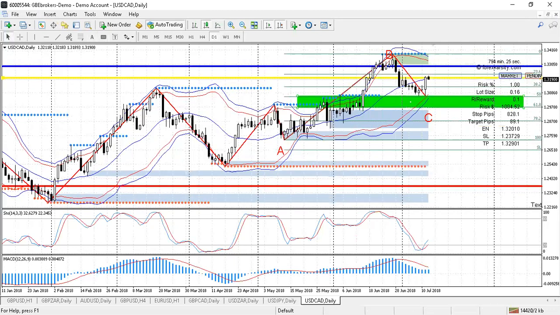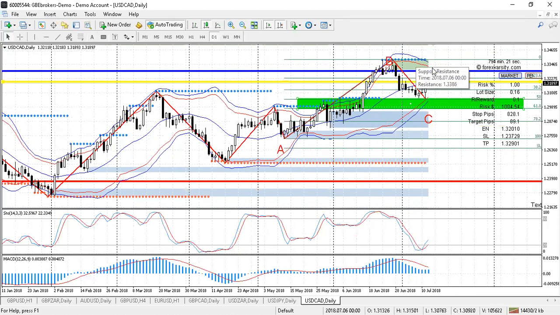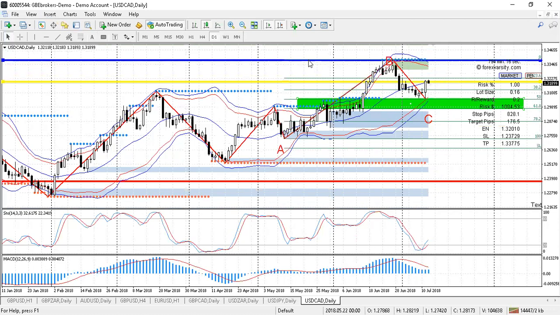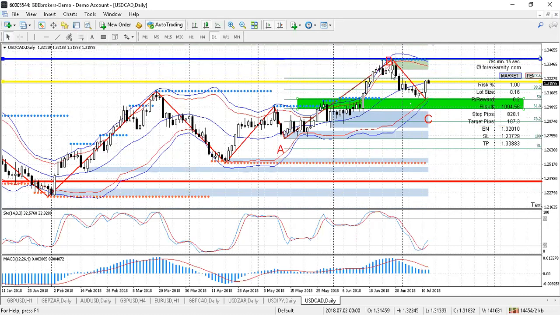But your first target is to trade up to the top of B. So we could put our blue line at the top there. Okay, so we've identified an entry point, we've got a target to trade towards.